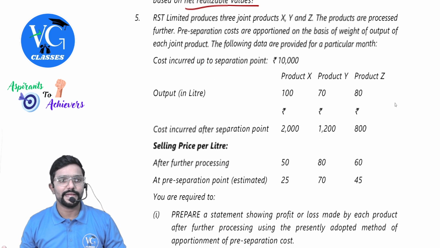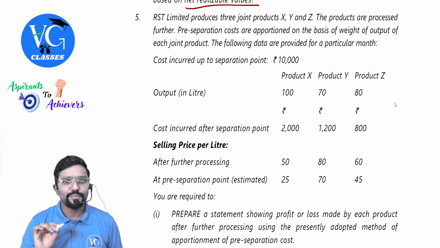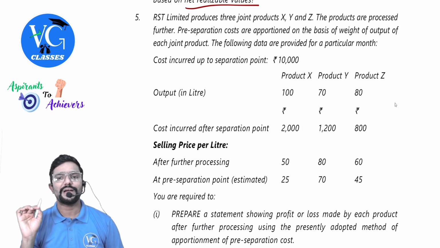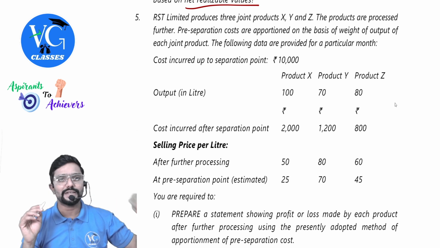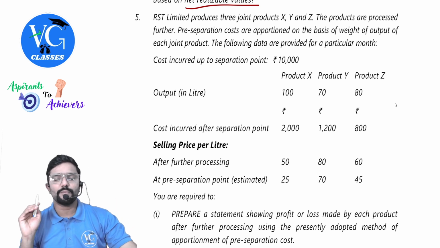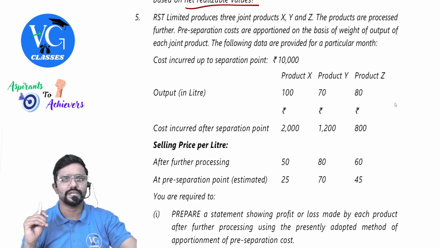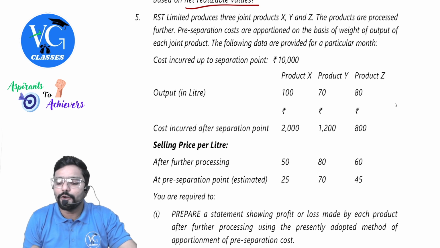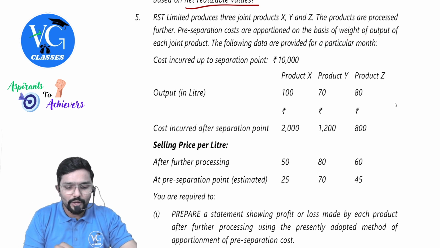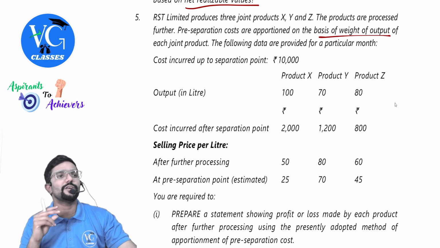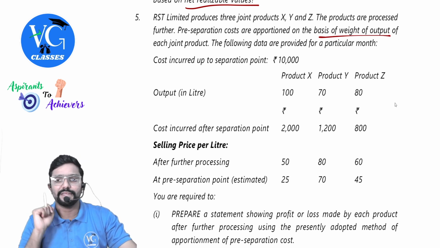Question number 5, guys. RST Limited produces 3 joint products X, Y, Z. The products are processed further. Pre-separation costs are apportioned on the basis of weight of output. Which method are they asking you to follow? Physical unit method.